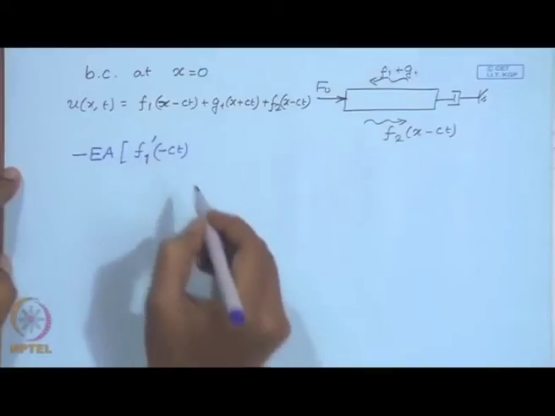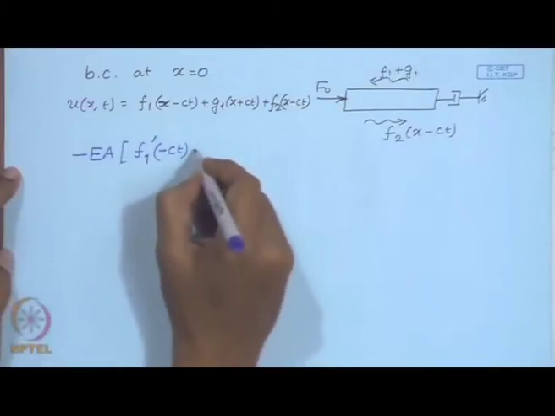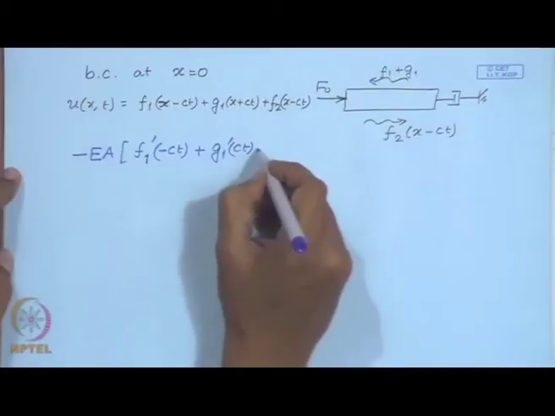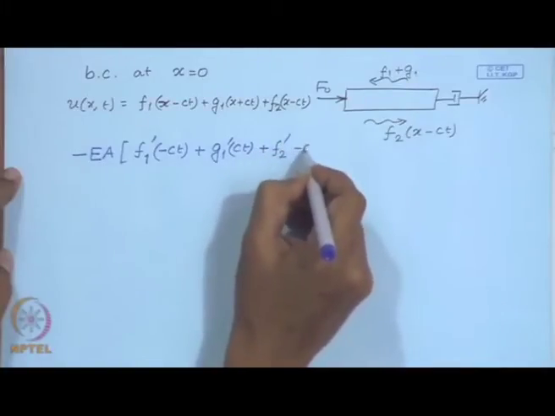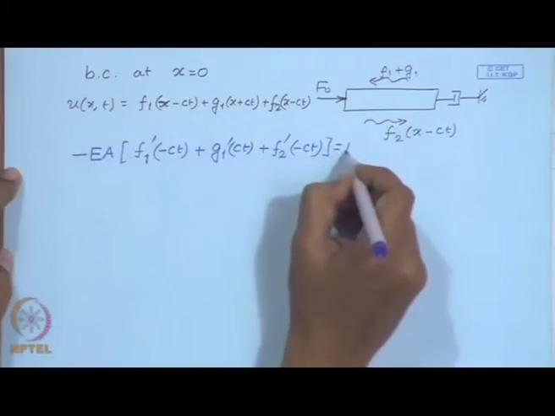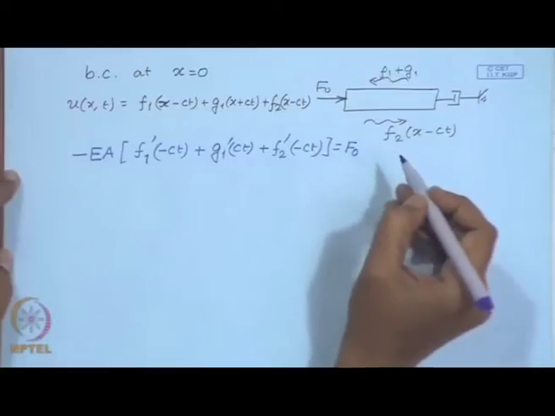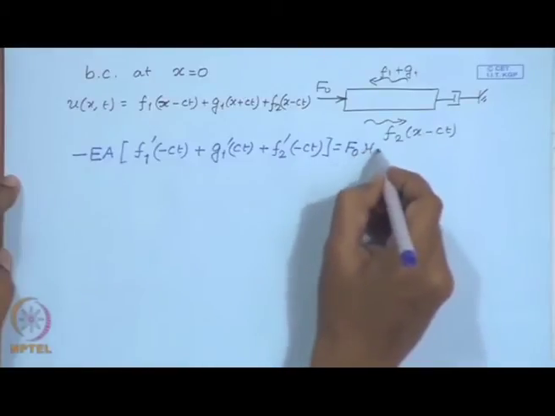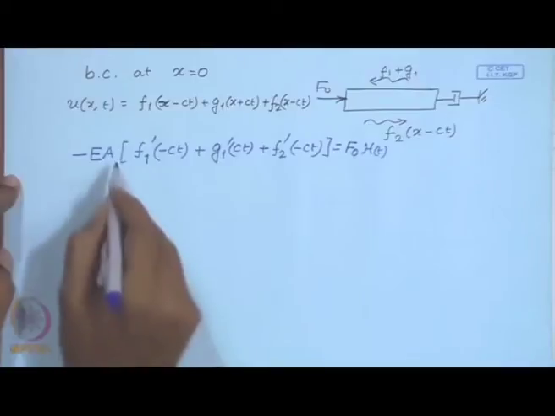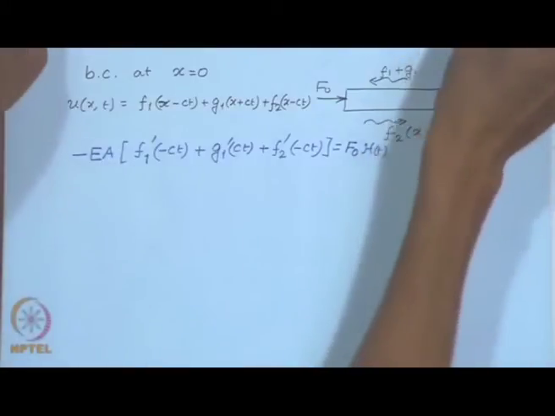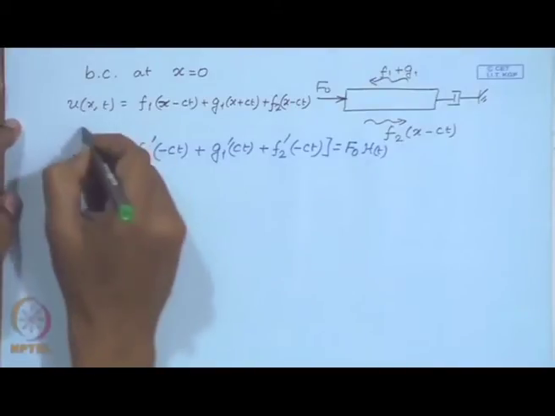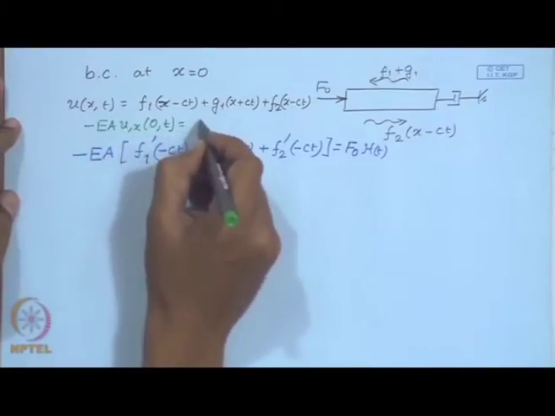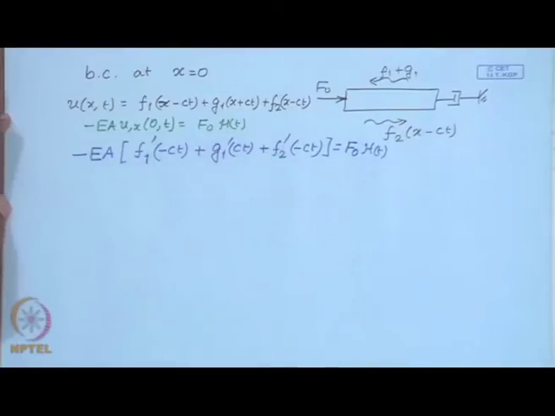So, this is the boundary condition at x equal to 0, and this was the boundary condition at the left end.